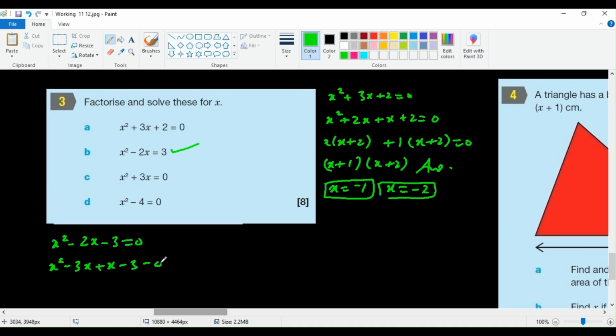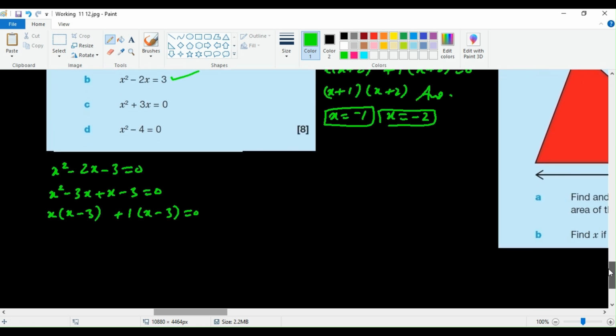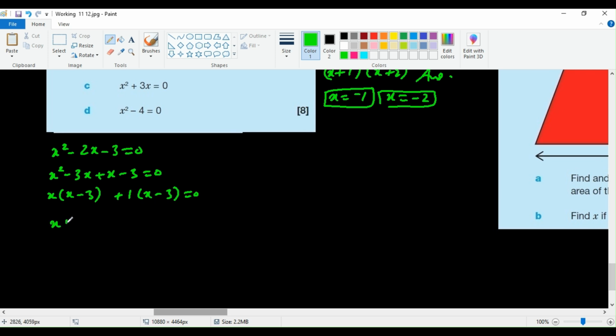That means x and x minus 3, copying this once again, equals 0 and plus 1. That means we need to find the value of x also. So x plus 1 comes in the first bracket, and x minus 3 comes in the second bracket. So x equals -1 and x equals +3.